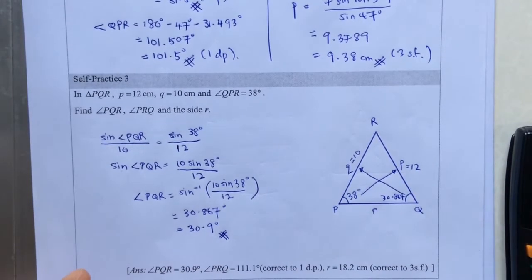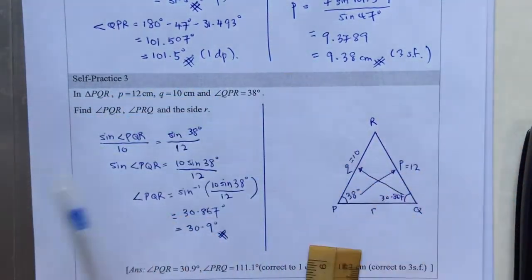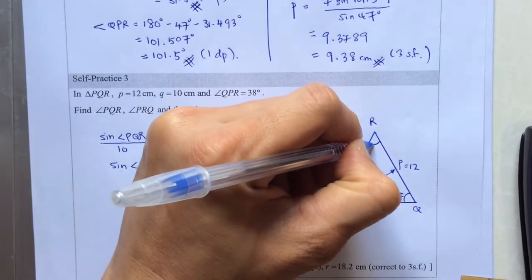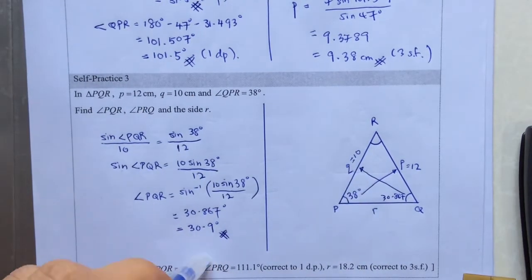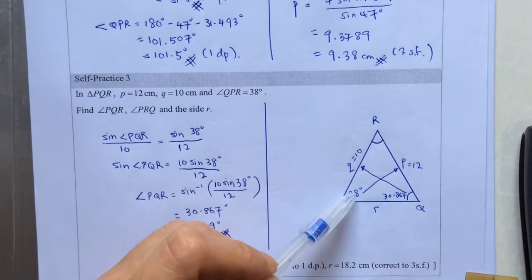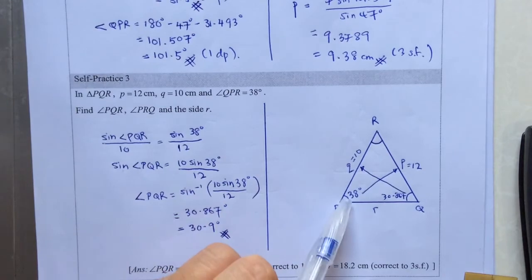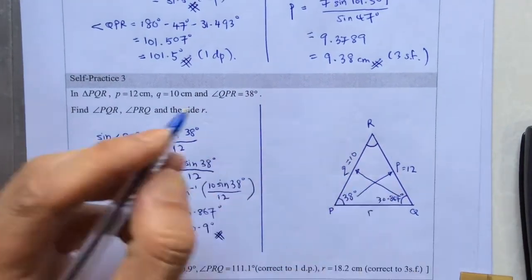Next we need to find the value of angle PRQ. So this is PRQ. We don't have to use the sine rule for PRQ because we already have the values of the other two angles. So we will use the angle sum of triangle, 180 degrees minus 38 degrees minus 30.867 degrees.